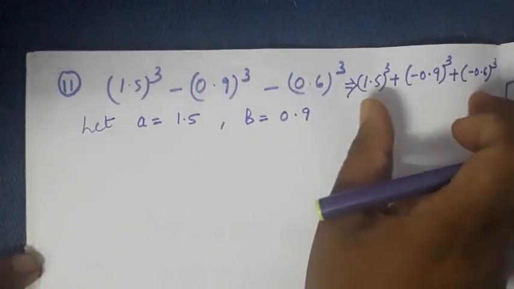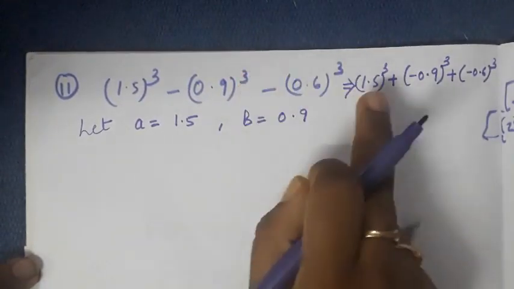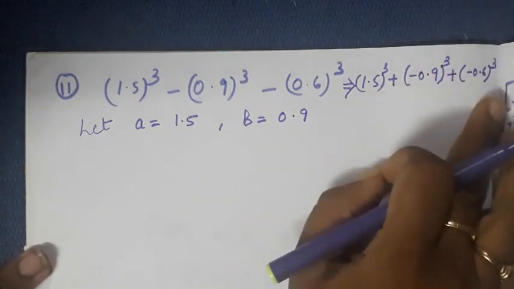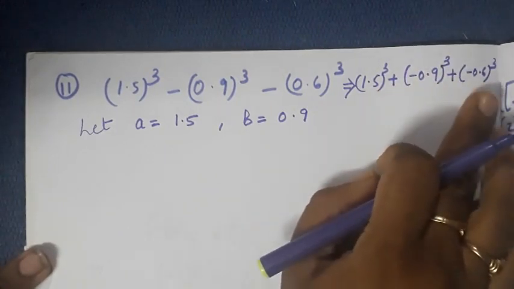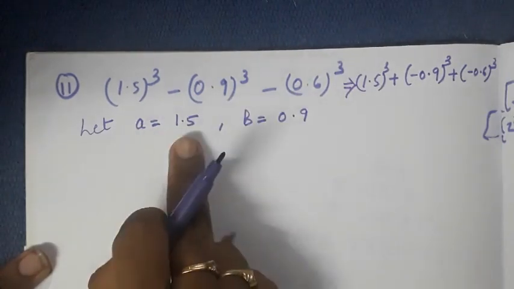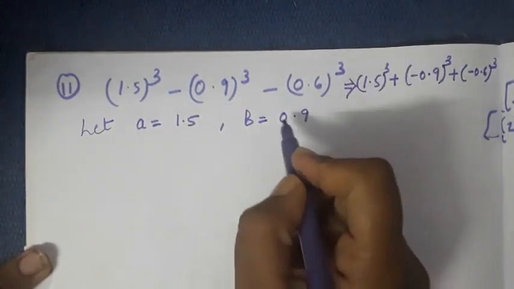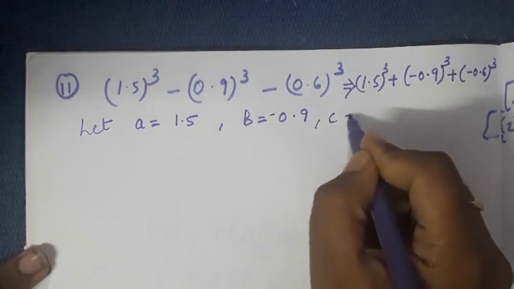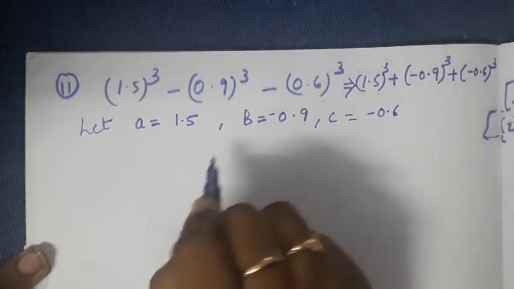It is the same as this, but I wrote it as the addition of three cubes. Okay, so let A = 1.5, B = -0.9, C = -0.6.